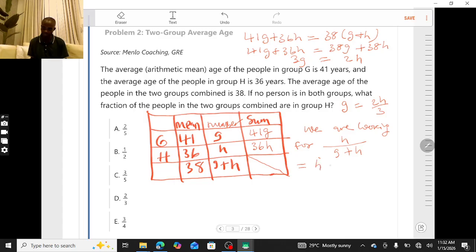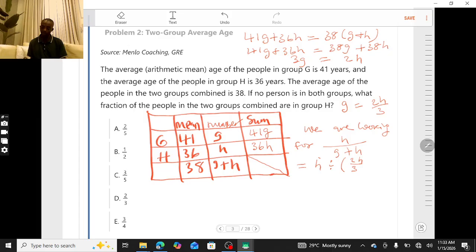So let's write it: H divided by G plus H. G itself, let's put a bracket. G is 2H over 3.